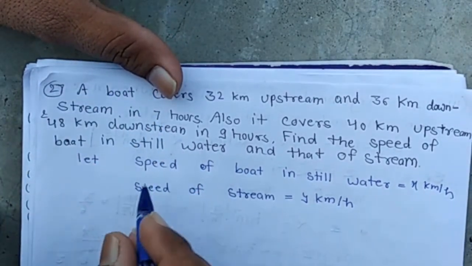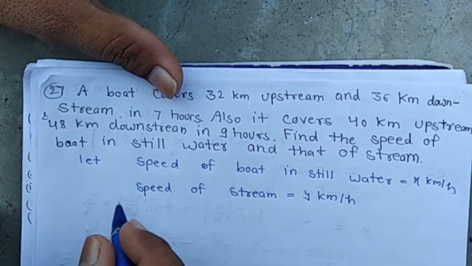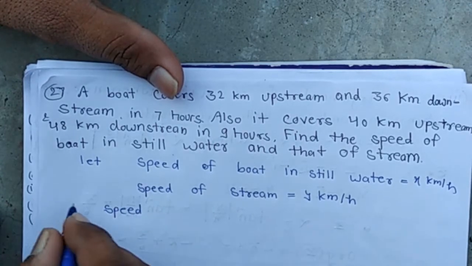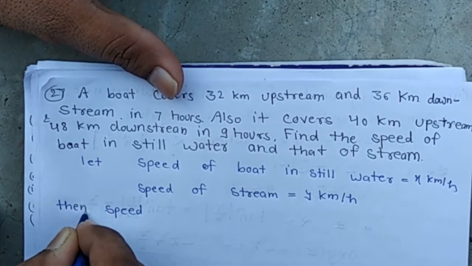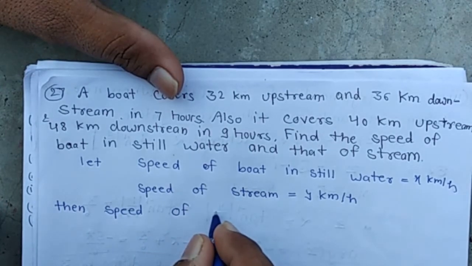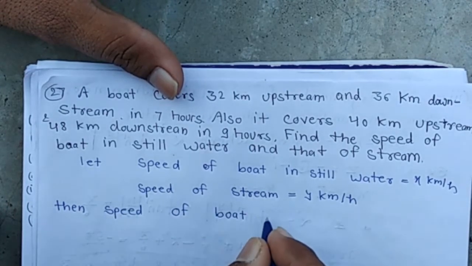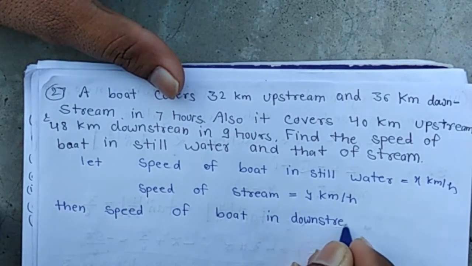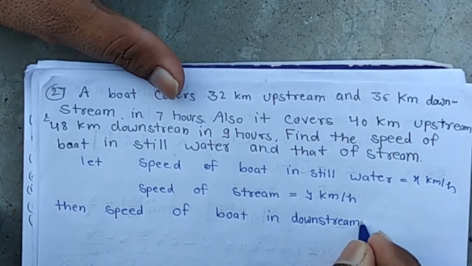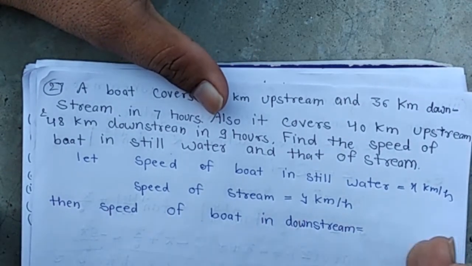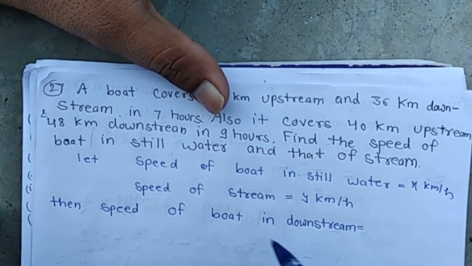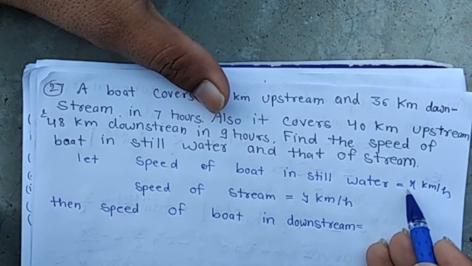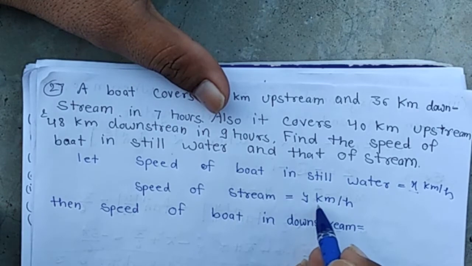Then the speed of the boat in downstream, downstream means धारा के साथ. To find the speed of the boat in downstream, we simply add the speed of the boat with the speed of the stream.